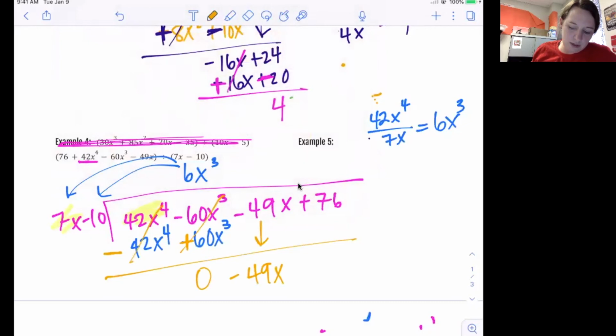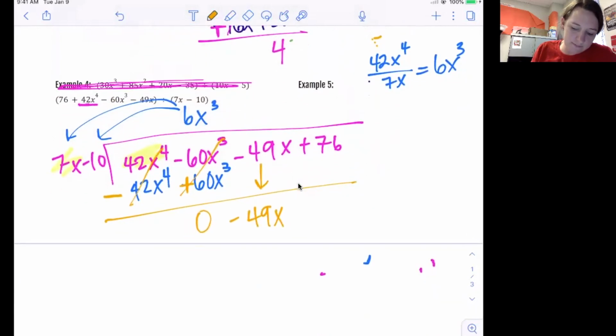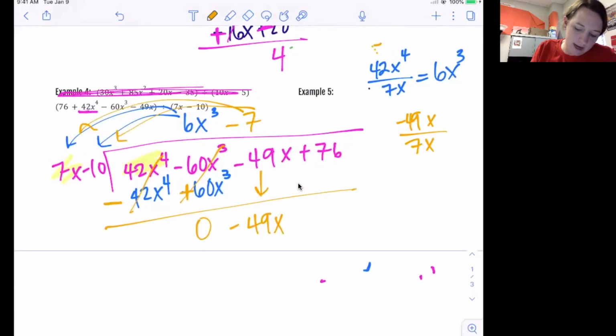7x into negative 49x is negative 7, because I have negative 49x divided by 7x. And then I'm going to multiply. So here I have negative 49x plus 70.